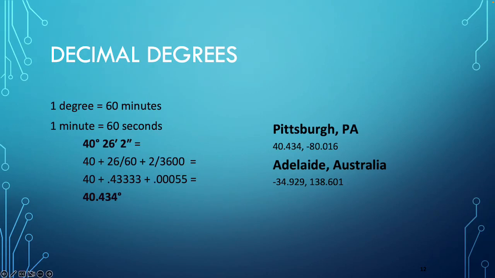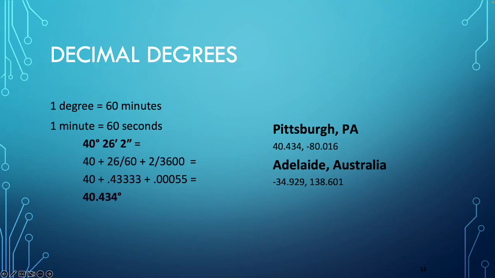So we have to take the degrees, the minutes, and the seconds and convert those parts into a decimal. It's not going to change the degree number. That's still the same. As an example, take the latitude of Pittsburgh: 40 degrees north, 26 minutes, and 2 seconds. So 26 out of 60, we can make a fraction out of that.